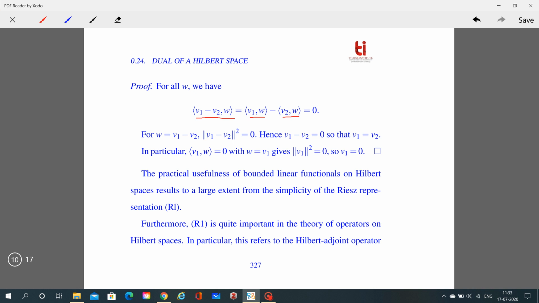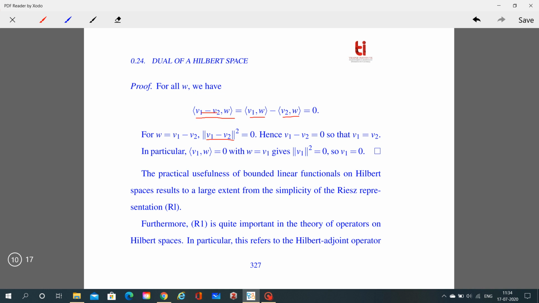So for w equal to v1 minus v2, this is the inner product of v1 minus v2 comma v1 minus v2.